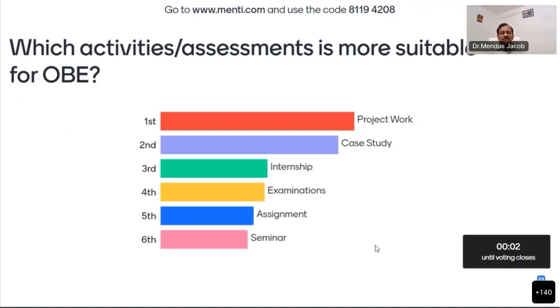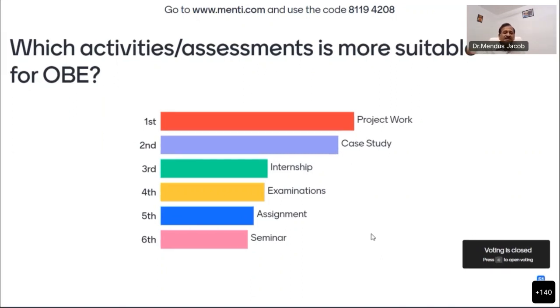So almost, yeah, we have got the trend like this. Number one is project work. I think more people have voted for project work. Then we have the case study, then internships, then examinations, assignment, seminar. Okay, so we will discuss this at the end of the session.